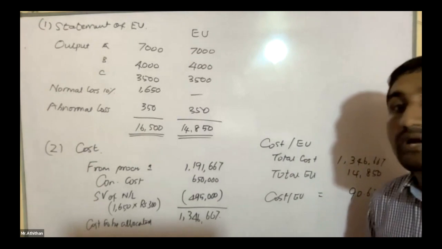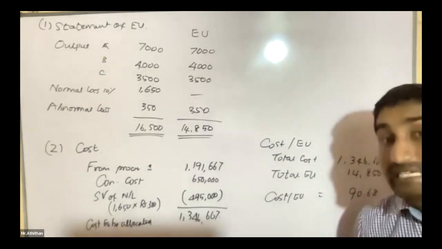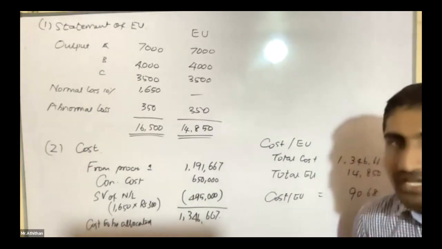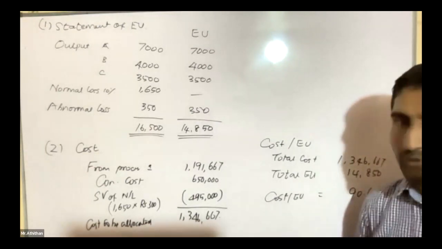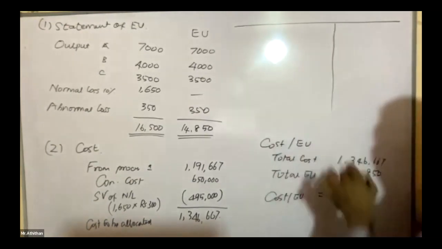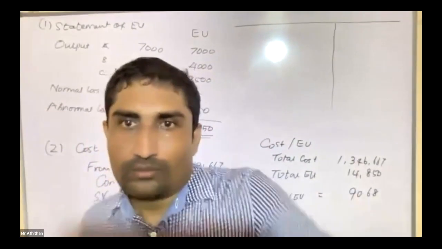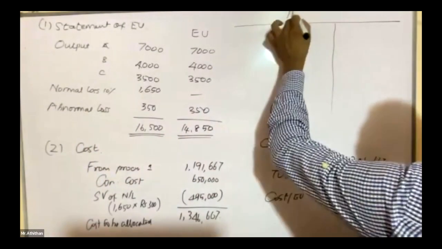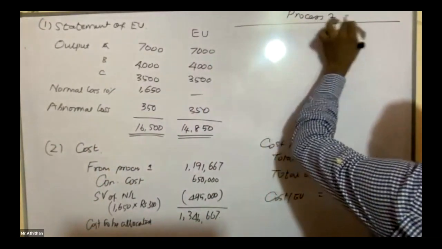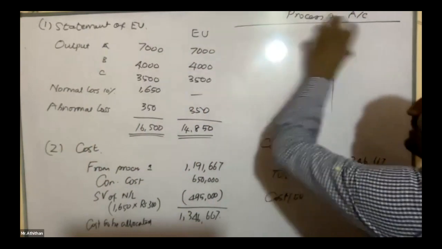Right? So in process 2, 90.68 is the cost for each unit. So now we can do the process account. Process 2 account.